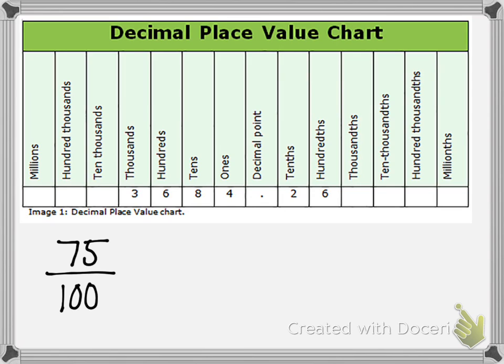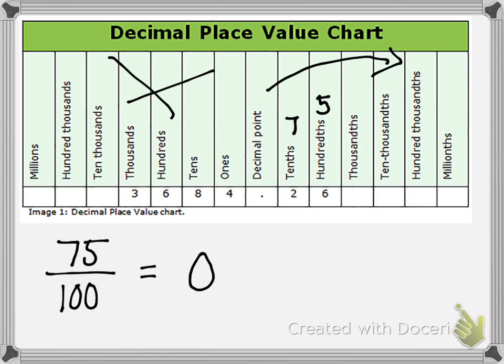This is not a mixed number, so we will not be needing the left-hand side of the decimal point. However, we'll be focusing on the right-hand side because that's the fractional part. And if we're going to locate the tenths, the 7 is in the tenths place, and the 5 is in the hundredths place. So what does this look like as a decimal?